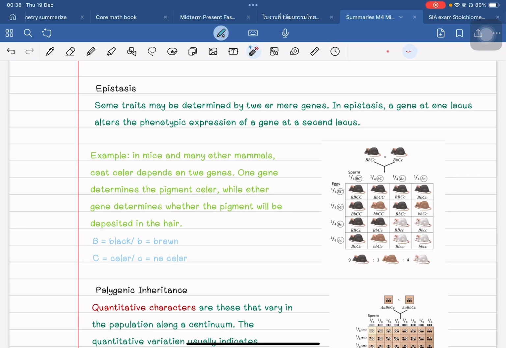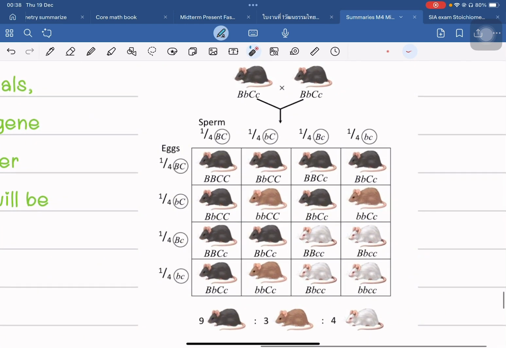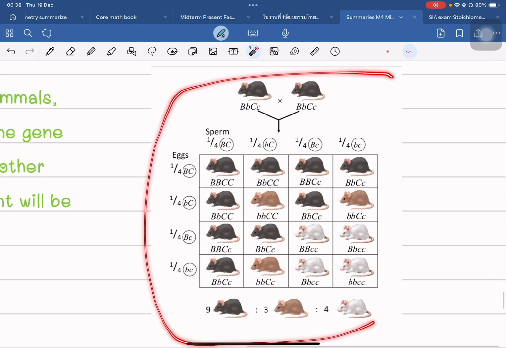So we're going to have capital B as black and lowercase b as brown, and capital C as color and the small c as no color. You can see from the Punnett square here.